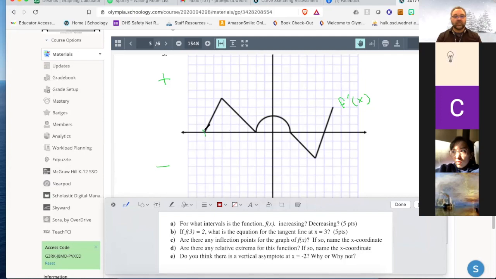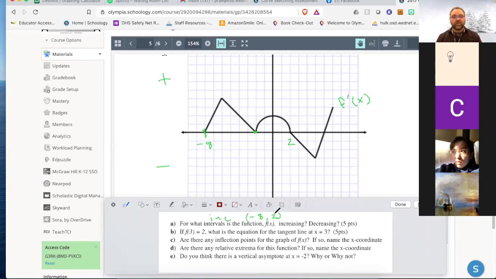So here's -8, and it doesn't go below the x-axis until we get over here to 2. Now it does hit 0 a couple of times. It hits 0 here, and it starts out at 0. So I would say, though, that those are instantaneous zeros, so you don't need to worry about them. So increasing happens the entire interval from -8 to +2.